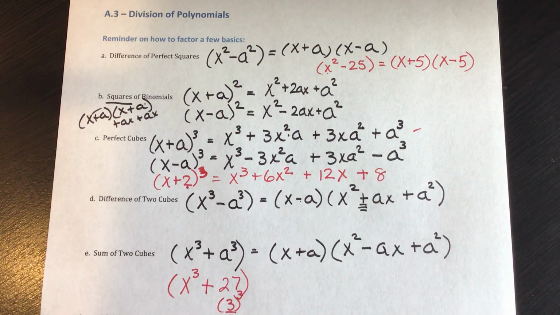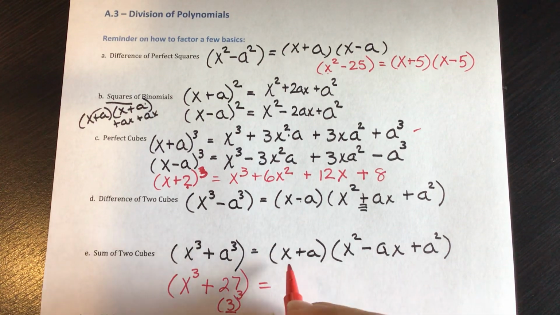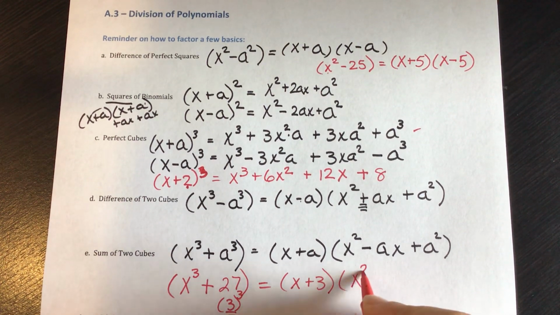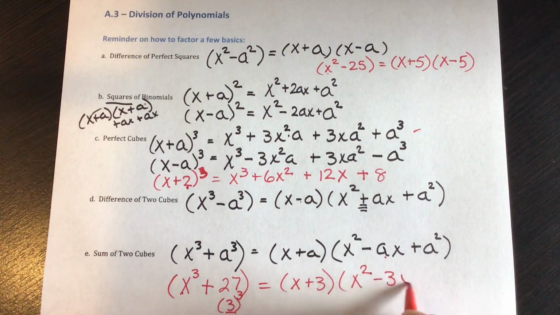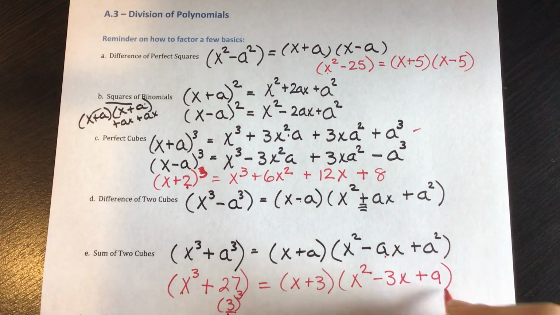So 3 is my a value. So in my factoring, I'm going to have a binomial with an x plus 3, and then I'm going to have x squared minus a times x, so minus 3x, and then plus a squared, so that'd be plus 9.